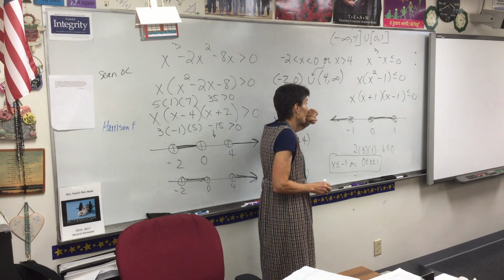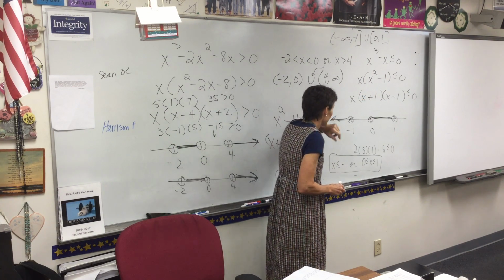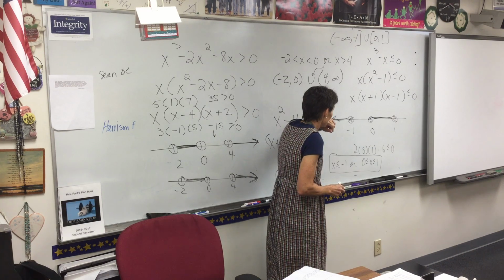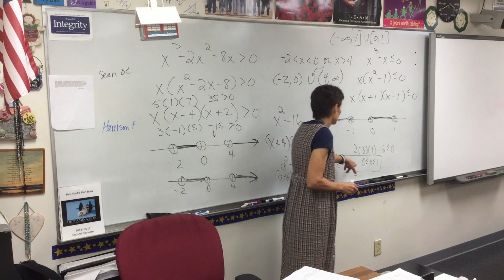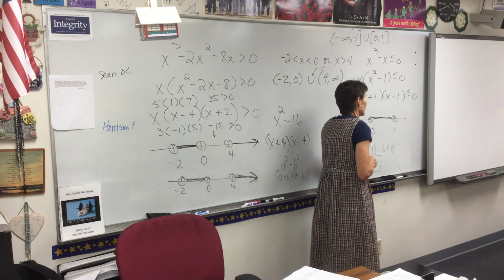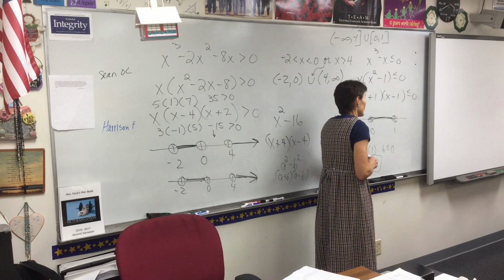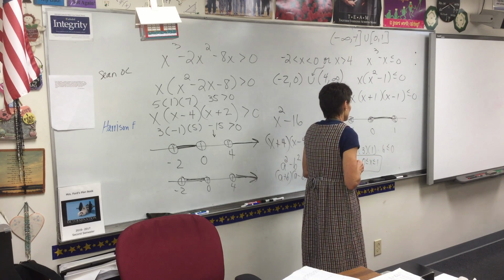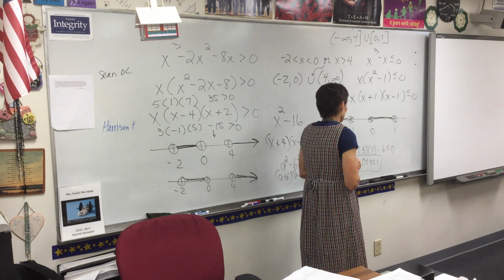So why isn't 0 on the answer, greater than or equal to, like x less than or equal to 1? Because since the 0 is going to the right, since it's like going in between the line.